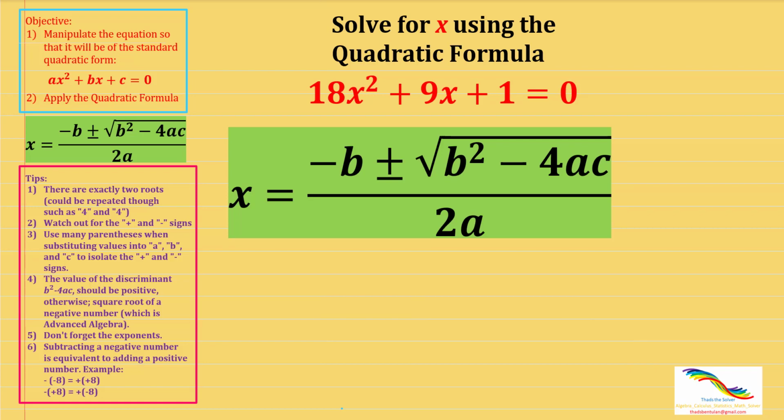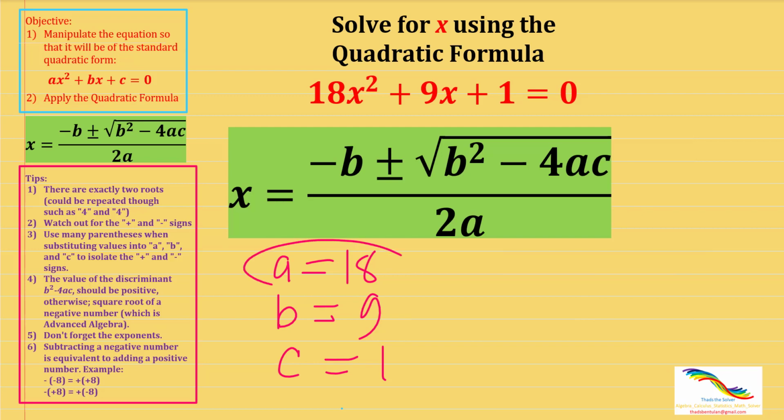Alright, so is this already of the form ax squared plus bx plus c equals 0? Is it already of this form? The answer is yes. And specifically now we can identify the values for a, b, and c. By specific identification, a equals 18, b equals 9, and c equals 1.